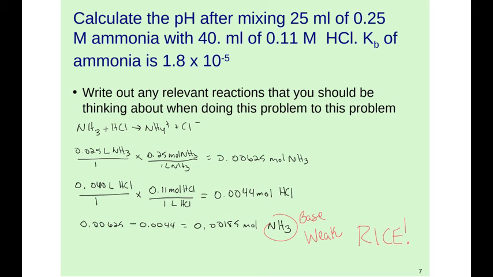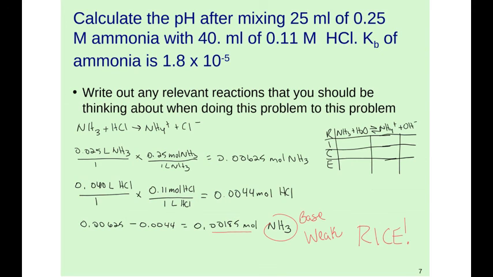So I'm going to set up a small RICE table up here. And into this RICE table, we need to put our concentrations. So our initial concentration of ammonia, we're not talking about the 0.25 molar that we started with before the neutralization. We need to use our excess moles and determine what the new concentration is.